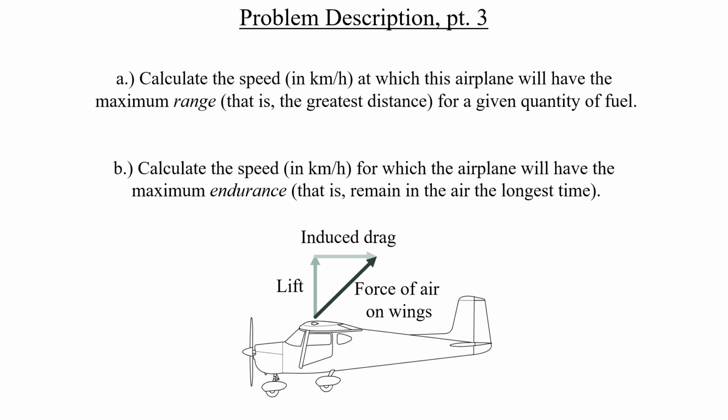Now, if we want the speed resulting in the greatest range, let's think about how we can relate this to our work and energy concepts. The plane's engine has to provide some forward force to balance the air resistance in the opposite direction. And the engine will exert that force over some displacement.